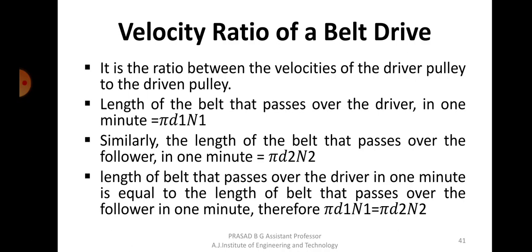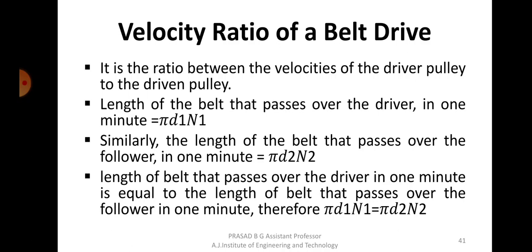So we know that if there is no slippage taking place between the belt and the pulley, then the speed at every point of the belt should be same. Therefore we can equate the length of the belt passing over the driver to the length of the belt passing over the driven.